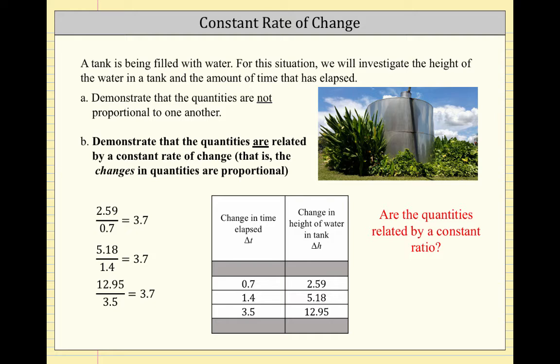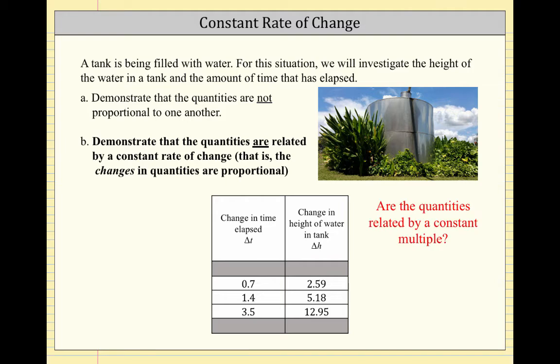And 12.95 divided by 3.5 is 3.7. So yes, these quantities are related by a common ratio. So, to take away, any change in height divided by a change in time in this context will result in a constant ratio of 3.7.